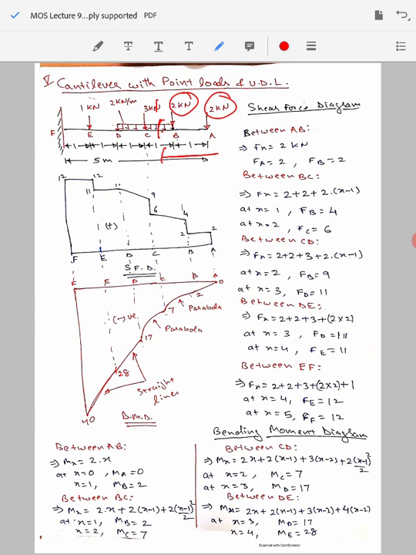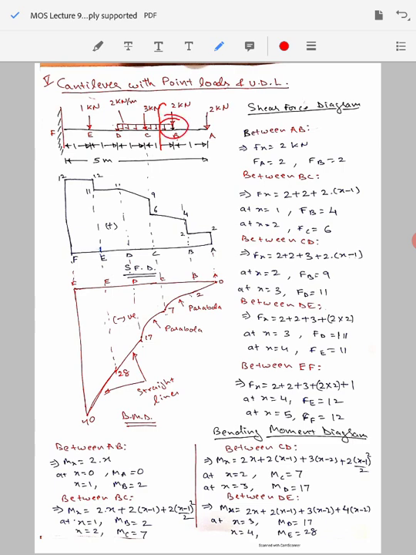So there will be a resisting shear force of magnitude 2 plus 2 kilonewton because of these point loads acting on the beam. Apart from these two loads, we also know that there is a uniformly distributed load of 2 kilonewton per meter also acting.